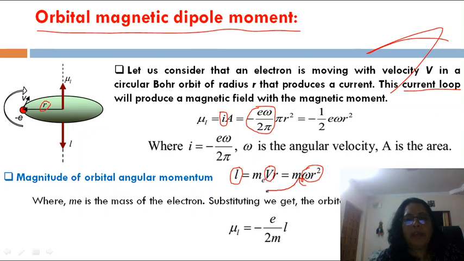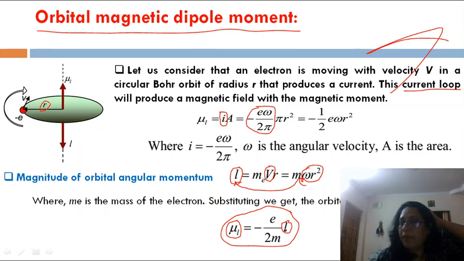If I bring m_e on this side, it becomes L by m. So what will remain? Mu L is equal to minus e by twice m L. Okay, that will be the magnetic moment due to orbital motion, and it is closely related with orbital angular momentum. It means the magnetic moment affects the orbital angular quantum number.